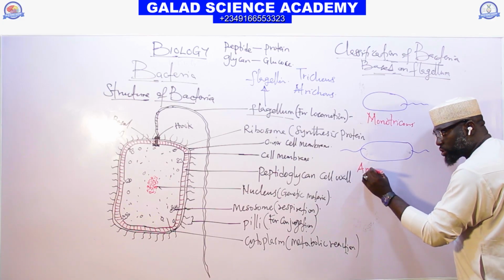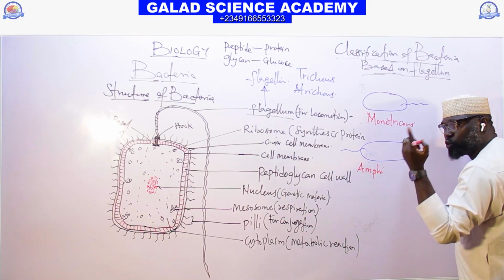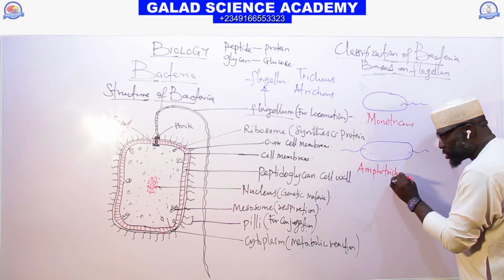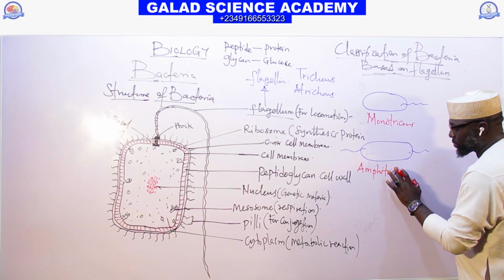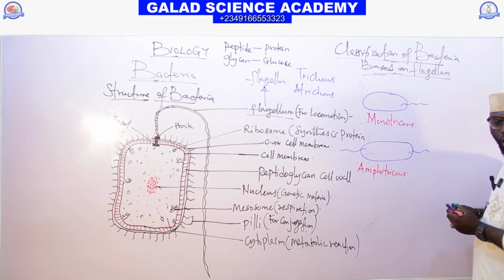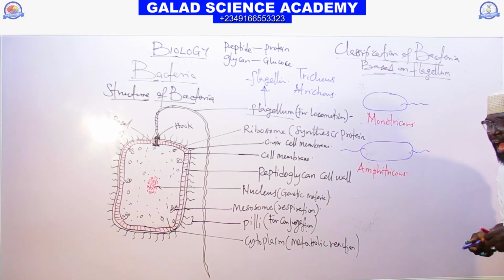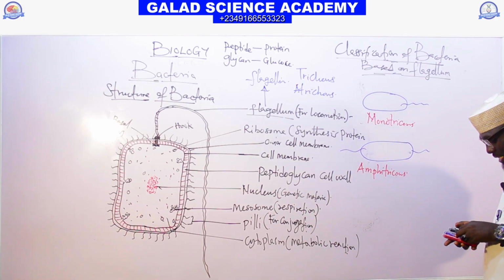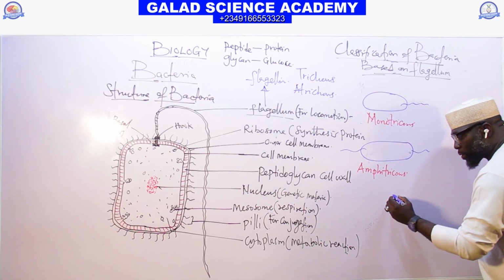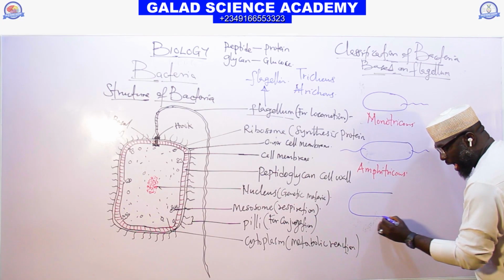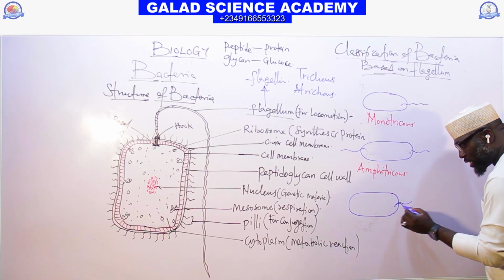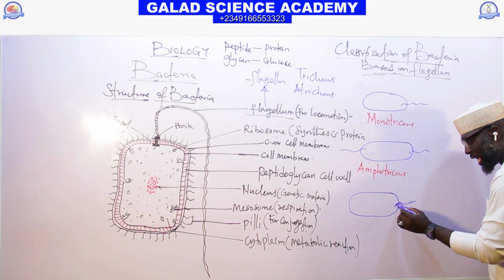amphitrichous. Amphi means two, like amphibian. Amphitrichous. And we have some bacteria that have a cluster of flagella at one end.